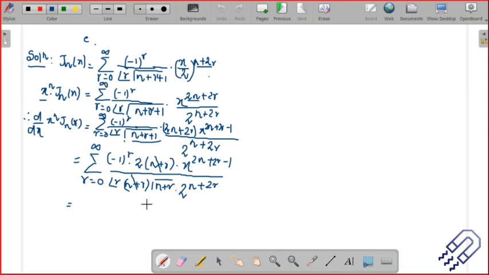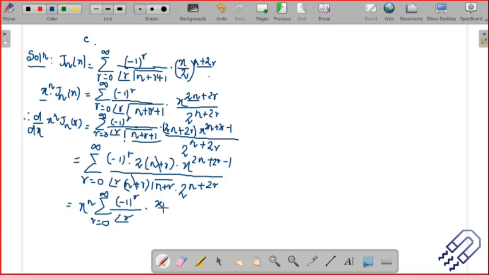So if we do that, we take one x to the power n out. We could have done it in the beginning, but I think we can do it here also. So I'll just write down x to the power n here, and then summation r equals 0 to infinity, minus 1 to the power r divided by factorial r, no changes here, into x to the power 2n plus 2r minus 1.